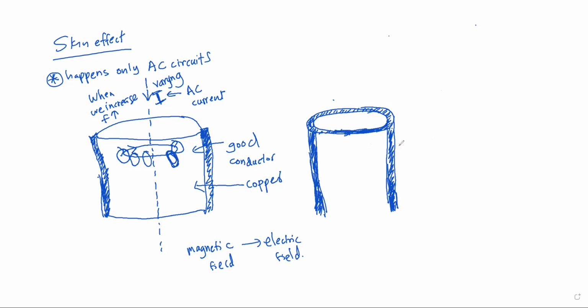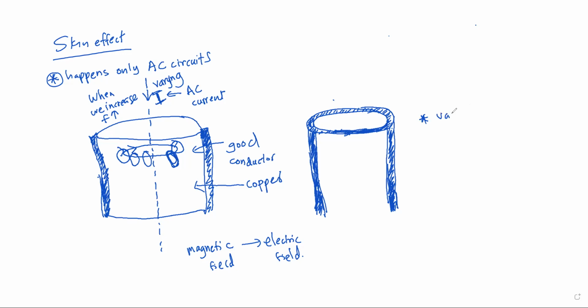In that case, there is a solution to overcome this. In this case, the skin effect is due to the generation of eddy currents around the magnetic fields. Okay, so I will write it down.